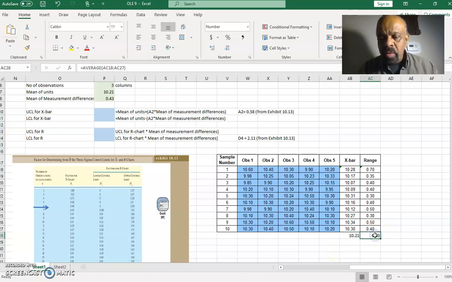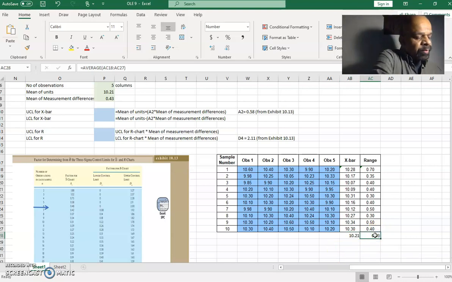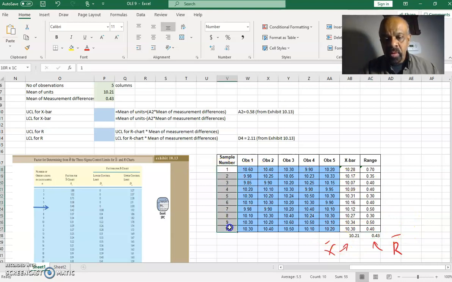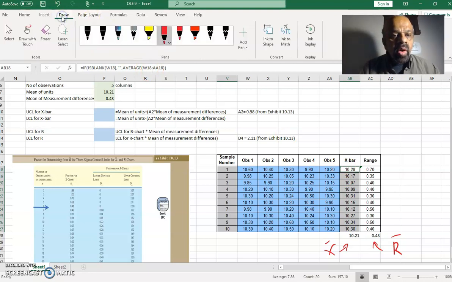This is going to be my R bar. So I can, if I want to, take the X bars and the R bars and draw a chart.